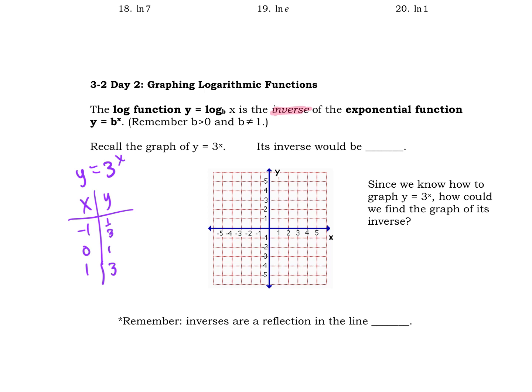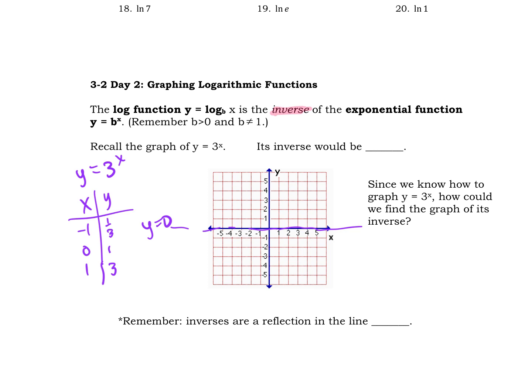To graph that, where's our asymptote for any exponential graph? Where, Jacob? 0. Y equals 0. There you go. So y is equal to 0 is our asymptote for any exponential graph unless there's a shift, right? And then we are graphing.